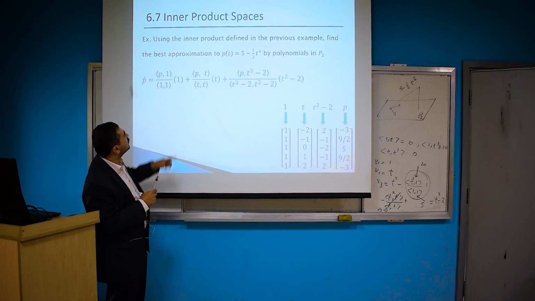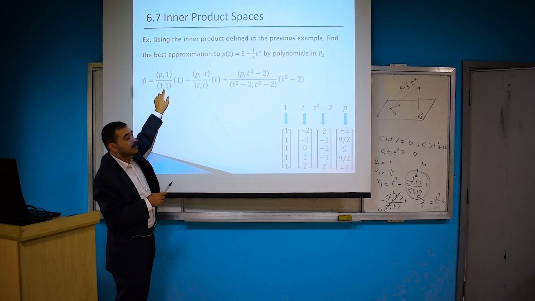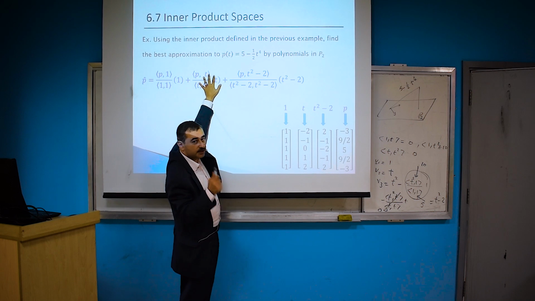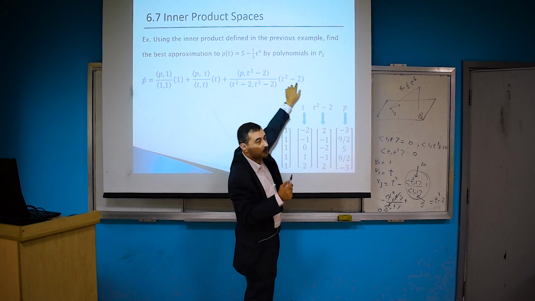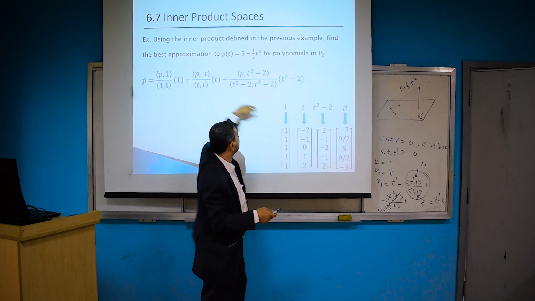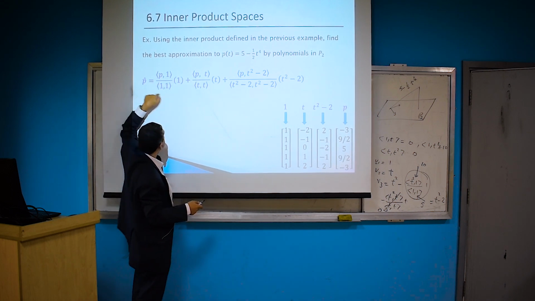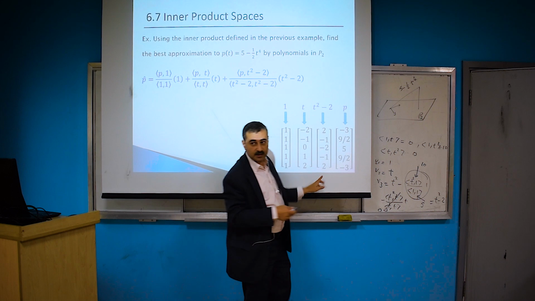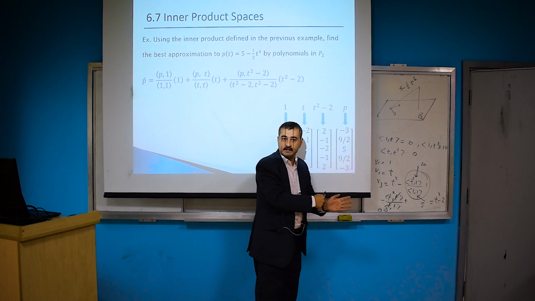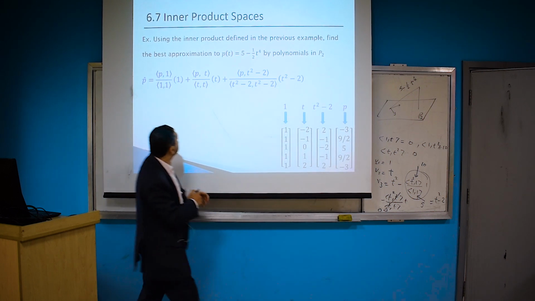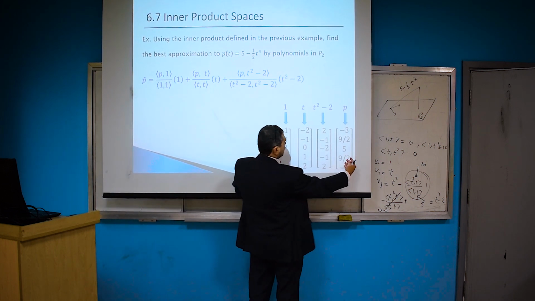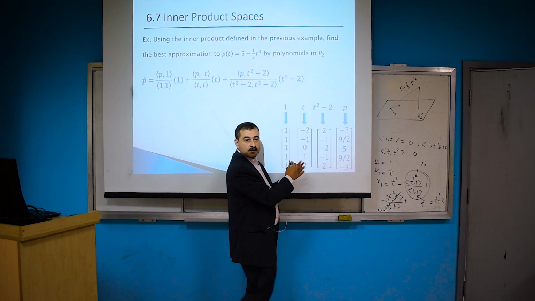But it's preferred to write it this way first. So this is a projection onto 1, and this is a projection onto t, and this is a projection onto t squared minus 2. And you can evaluate these guys from the isomorphism. You can do these guys from the dot product in R5 here. Okay? So if I want to get inner between P and 1, you do the dot product between these guys.